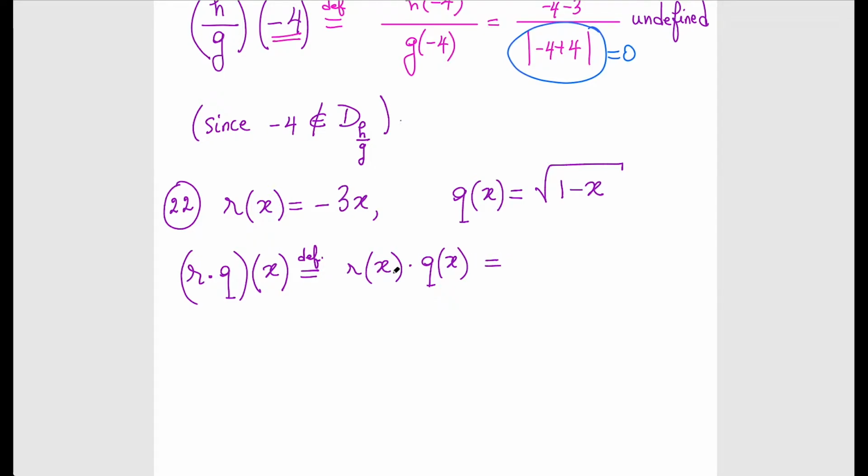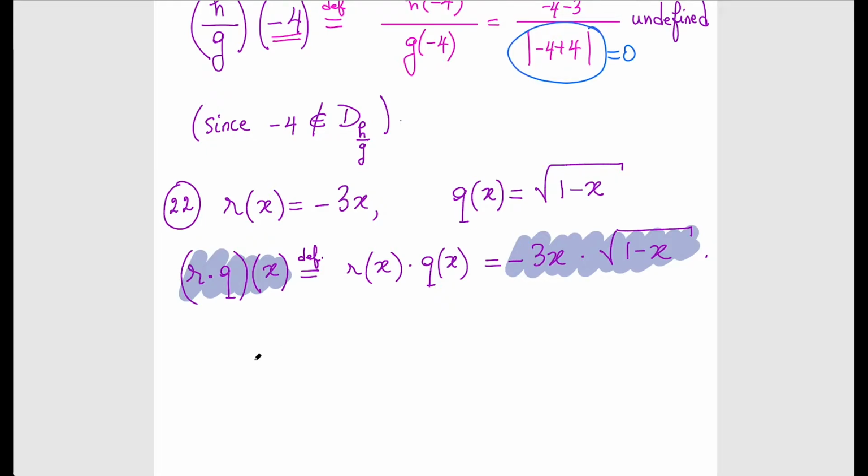So how much is r of x? Negative 3x, times how much is q of x? The square root of 1 minus x. This would be the recipe of the output of this function. So r times q acting at x outputs this. This is how this function operates.